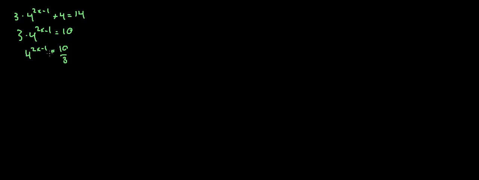Now I can take the log base 4 if I want to, but most calculators do log base 10 or natural log. And in this case I'm going to do natural log because it's one less letter for me to write. Take the natural log of this side and this side.